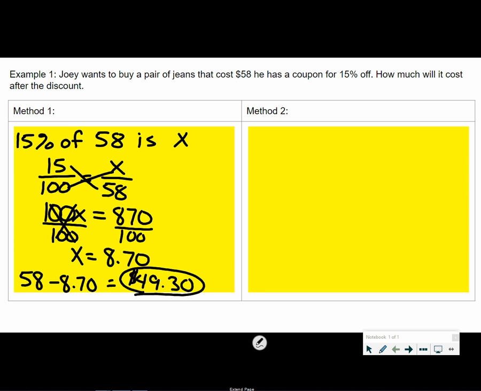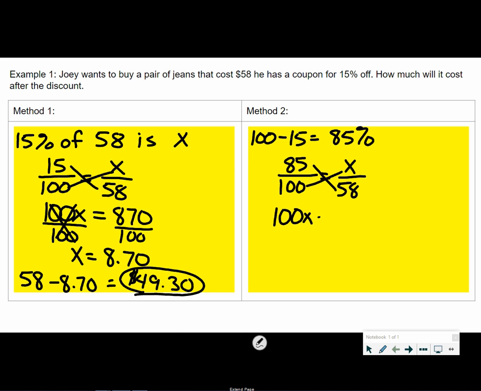Method number 2, instead of subtracting at the end, I subtract at the beginning, and I subtract from 100. So I do 100 minus 15, which is 85%. Now, instead of using 15% in my proportion, I'm going to use 85. When I cross multiply, I get 100x equals 4,930, and when I divide, it takes me straight to the final answer.